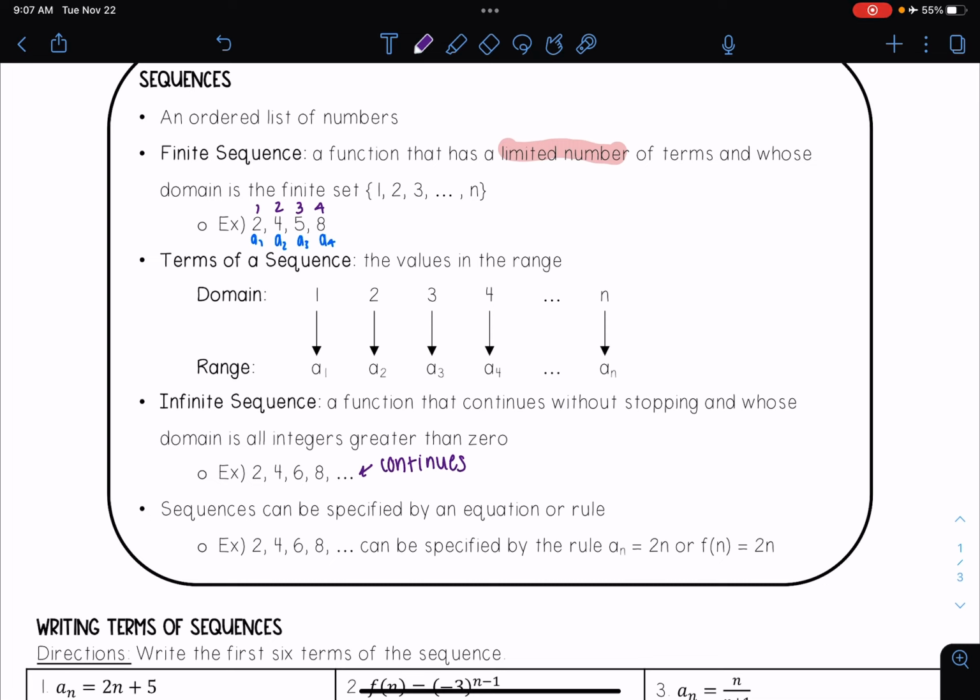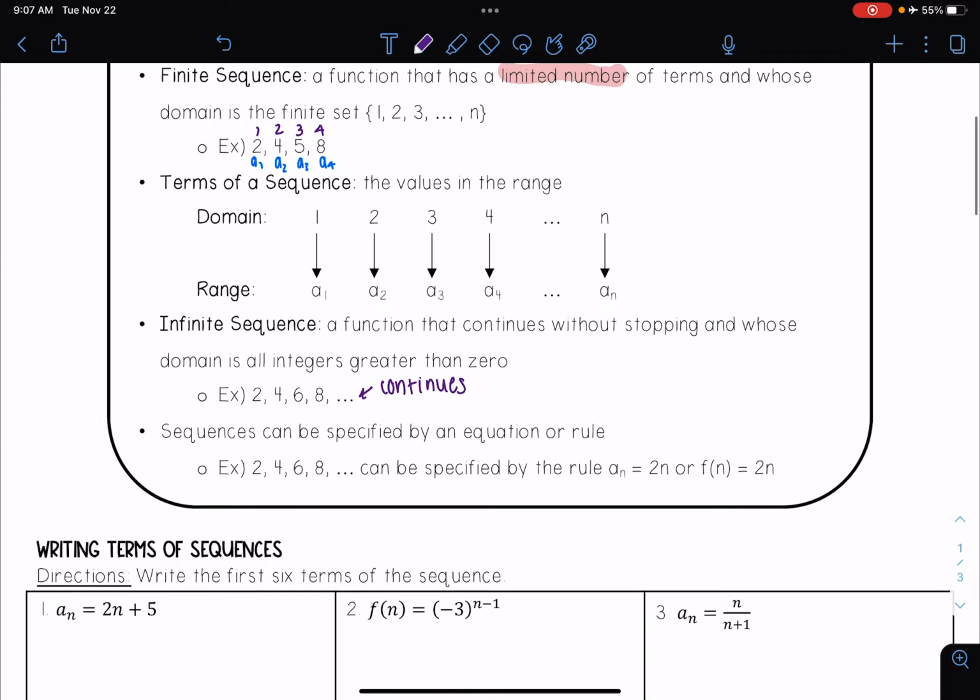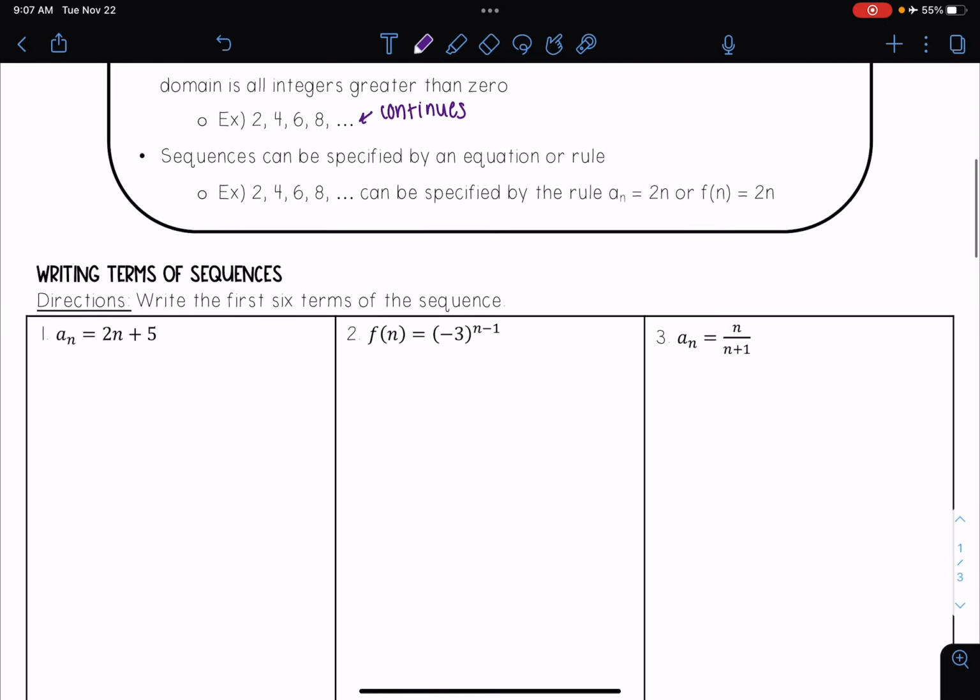And we see that sequences can be specified by an equation or rule. So if I'm looking at that same example, 2, 4, 6, 8, I see that pattern is all even numbers. And so I can specify that by saying a subscript n is equal to 2n, or f of n is equal to 2n. So let's look at some examples of looking at those rules.